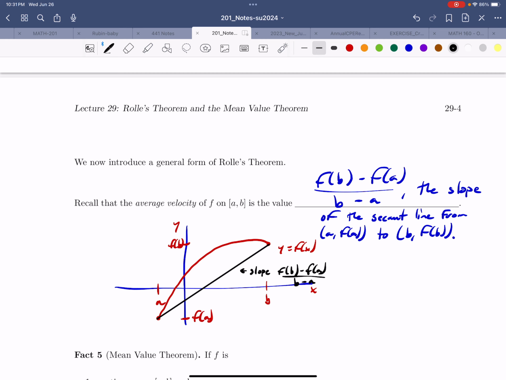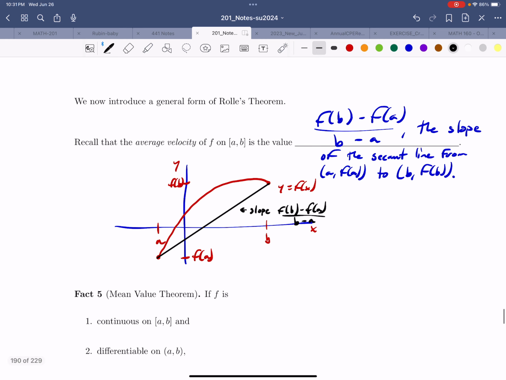What the mean value theorem says, and I'll write this out in a second, is that there's got to be some c. Looks like it's right there in this case, such that f prime of c equals the slope of the secant line.